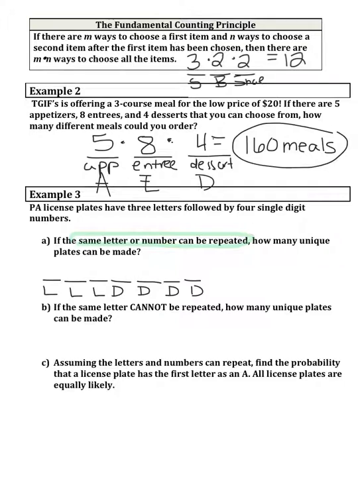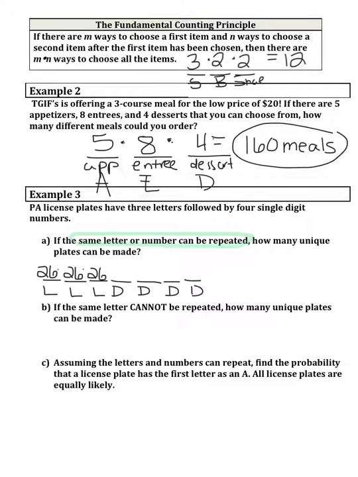So to figure out how many license plates can be created, you have to think, how many letters do we have to choose from in the alphabet? Hopefully you guys know this. There are 26 letters in the alphabet. Since the letters can be repeated, there are 26 different letters that could be in the first spot, 26 different letters that could be in the second spot, and still 26 different letters that could be in the third spot.